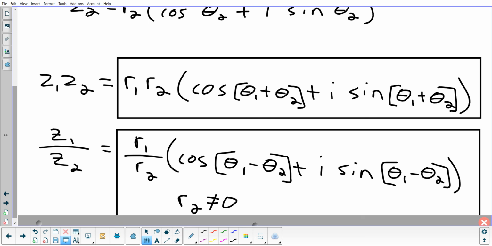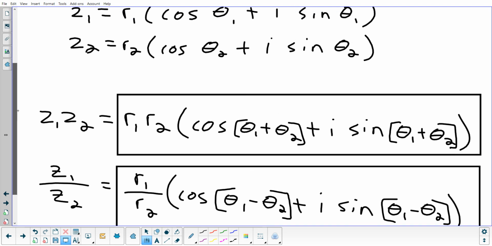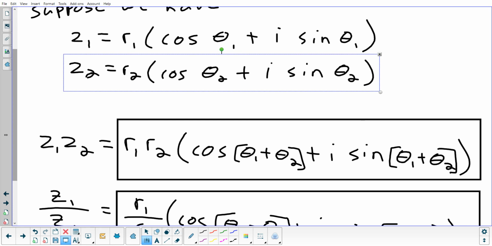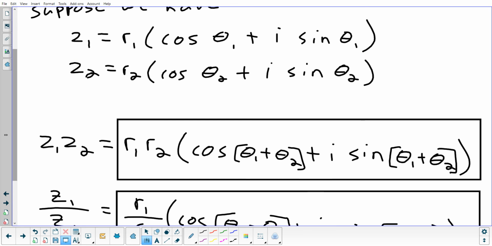But if you look at what's happening here, you might notice something. If you were to FOIL these two things out just the way they are, notice here you get cosine of a sum, and here you get sine of a sum. If you FOIL these out just the way they are, you would end up with the trig identity for the cosine sum formula and the trig identity for the sine sum formula. It's exactly what you would end up with.